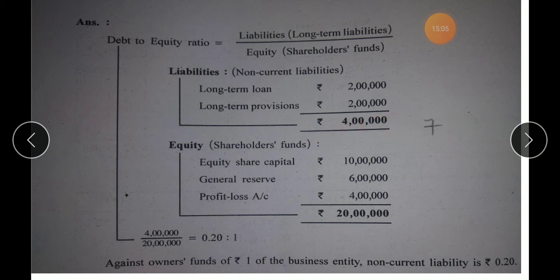So putting these two figures in the formula, 4 lakh upon 20 lakh, the answer is 0.20 is to 1. Again, the answer is to be presented in the form of proportion. Alright then, here the explanation of the answer is given that you may read, you will easily understand. Alright? Fine then, the next one.